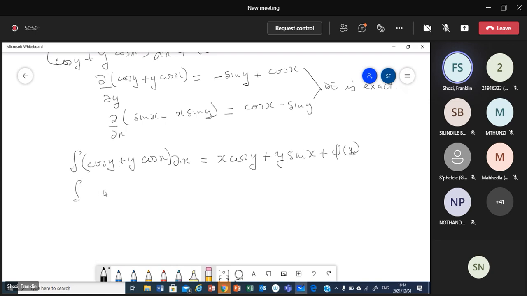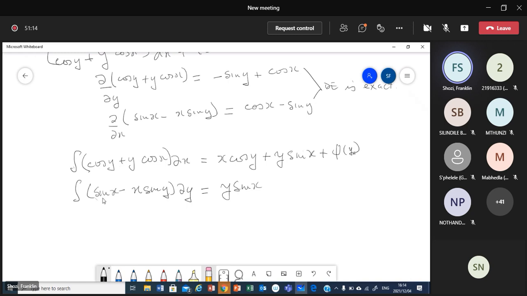Next, the integral of the next one, which is sin x minus x sin y, partially with respect to y. We integrate with respect to y now. Which one is a constant? This one is a constant, but we are integrating, just like integrating dy, which is y. So that is going to be y sin x.